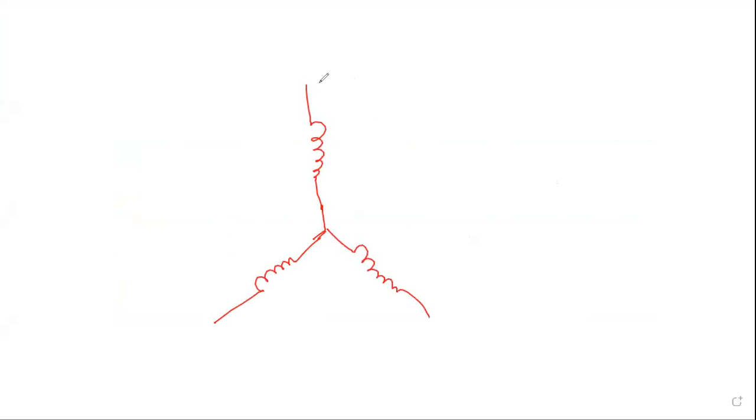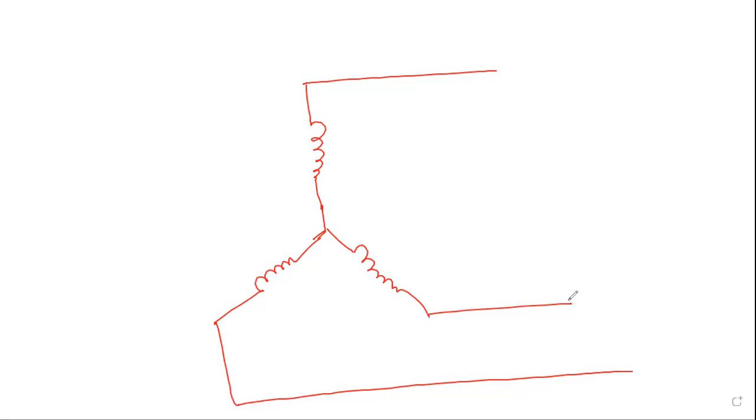Okay, so what I said, I can draw lines or wires out of these three phases. And this is my neutral point, so I can draw a wire here as well. Now if this is your R phase, let's call this R, Y, and B, suppose.